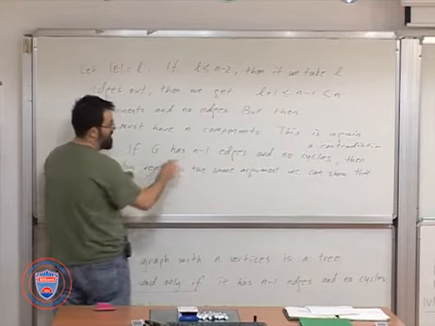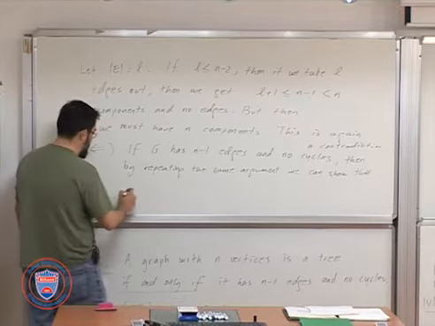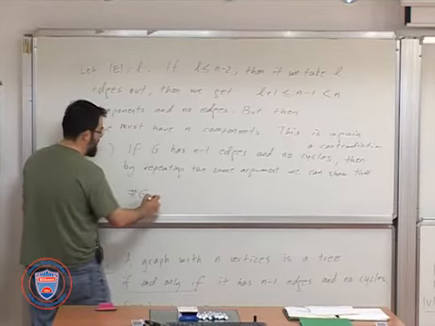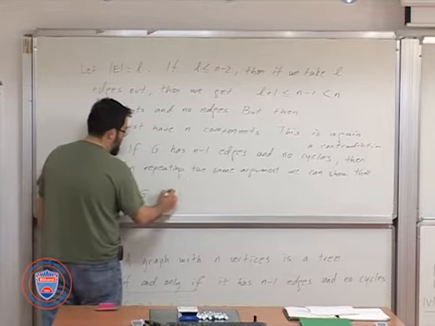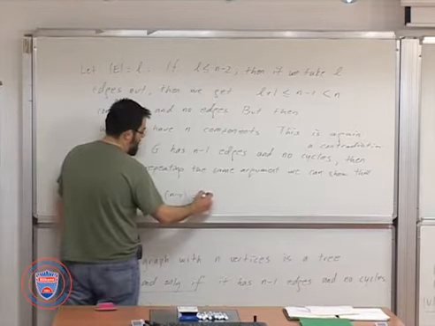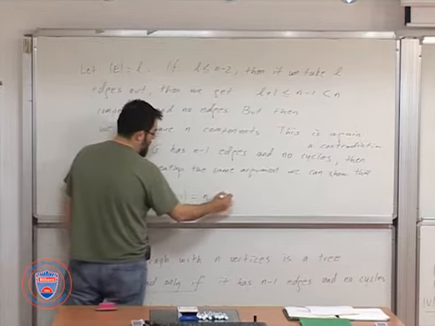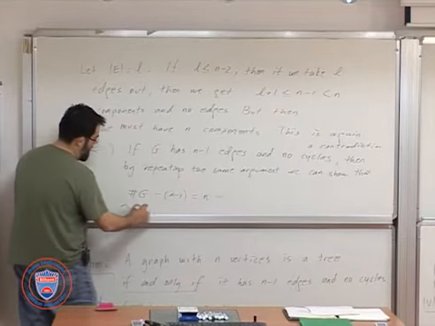Then when you take n minus 1 edges, you should have no edges left. So number of components of G minus these edges, n minus 1, should be only the vertices. So this has n components.